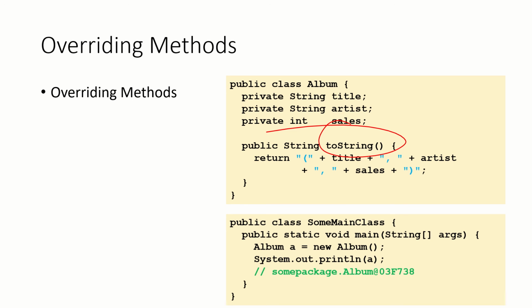But it doesn't mean it's already set up or formatted. If I create an Album, initially it has toString with an empty method. So if you want to print this object with the format you want, you need to override the method.